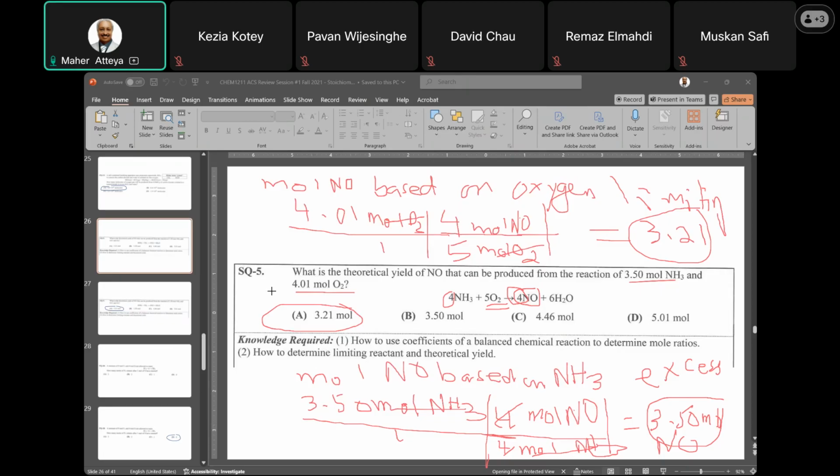That will be your limiting reactant. So this is excess, and this one here is limiting. So oxygen is limiting. And then from there, you can see how many moles you are producing from this limiting reactant, correct? Which came up to be A. So any question you have?